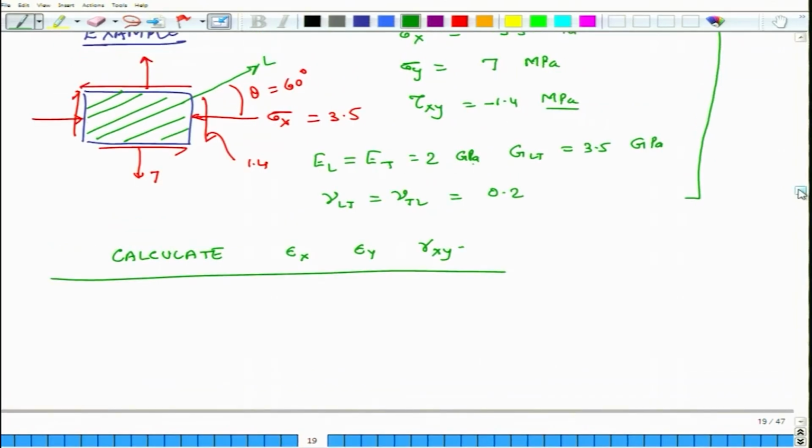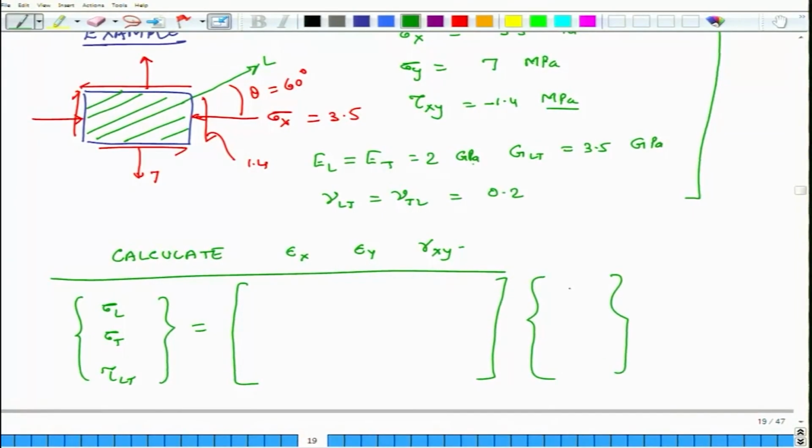Okay. So, sigma L, sigma T, tau LT is equal to, so this is the relation we had talked about earlier. This is equal to the transformation matrix T1 times sigma x, sigma y, tau xy.